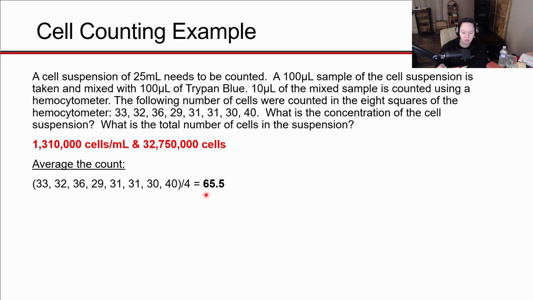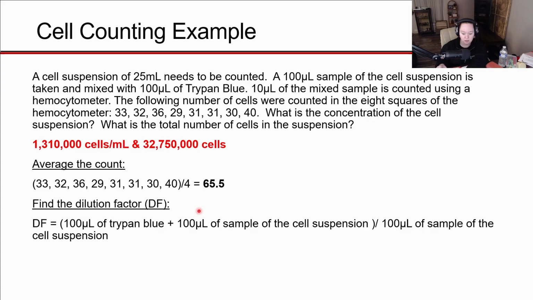The average of those 8 squares is 65.5. You need to find the dilution factor, which in this case is found by adding Trypan Blue volume to the sample of the cell suspension volume. You'll get 200 microliters. Divide that by the 100 microliters of the sample. This gives you a DF of 2.